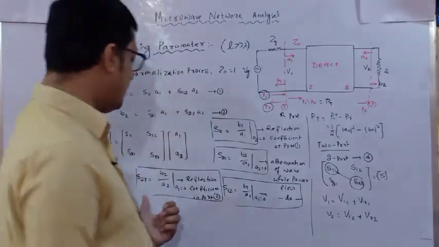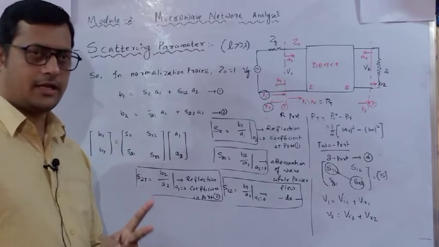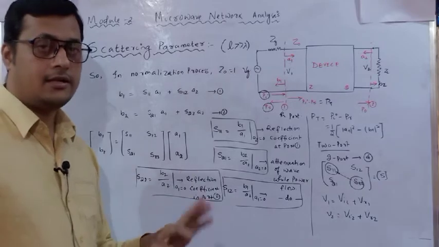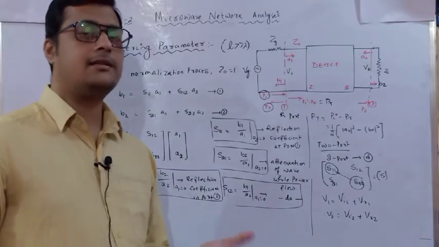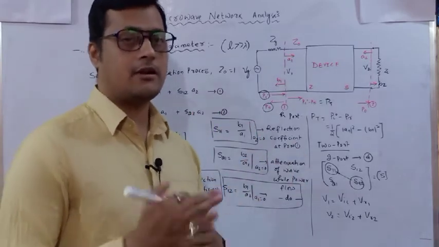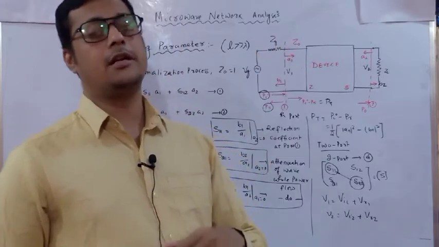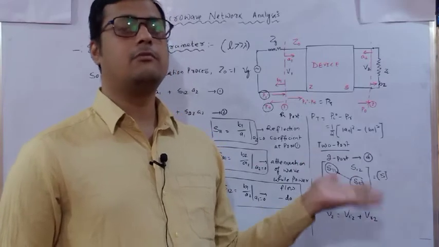If I write S22, that means it is the reflection coefficient for port 2. The other combinations, S12 and S21, are called attenuation. This attenuation means it will suppress whatever information we are going to transmit. It will attenuate the signal, meaning the signal quality will deteriorate, and it will act as a contribution of noise. We have to remove this.